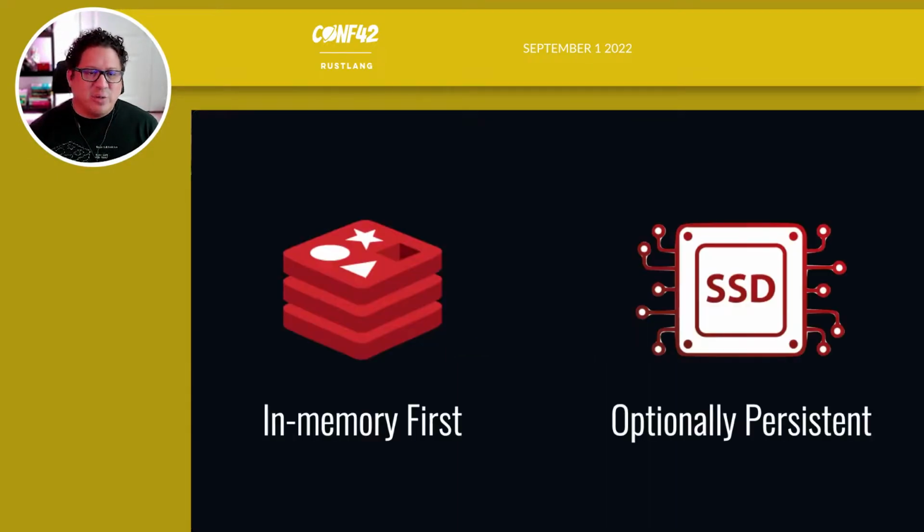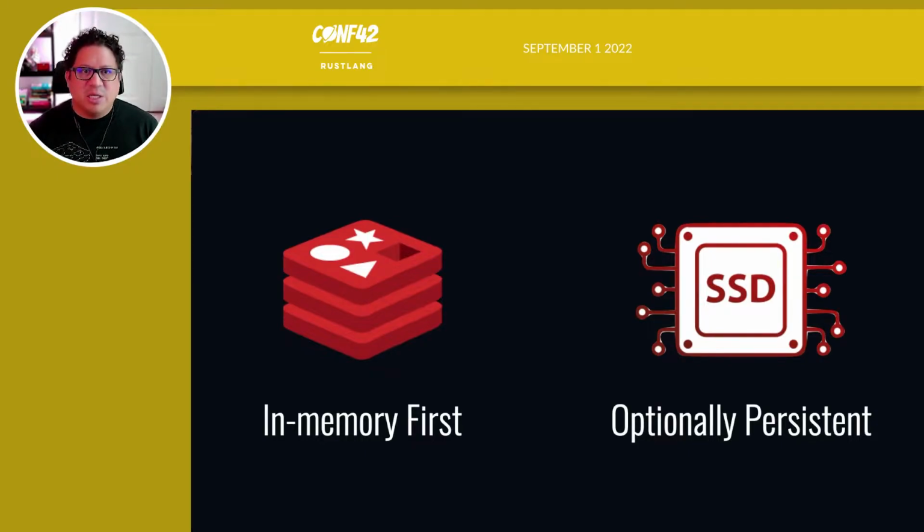Redis is really an in-memory first, full-blown database with optional persistence. Out of the box, Redis provides many data types, and Redis is classified as a key value database. But the difference between Redis and most key value stores is that the value part in Redis can be anything you can dream of.